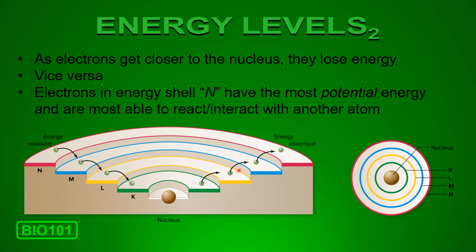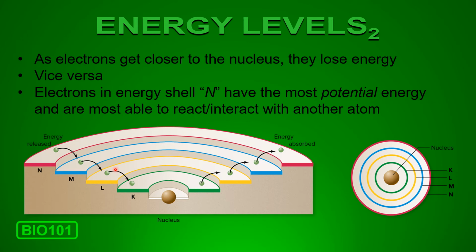And remember, electrons jump back and forth. So this little electron might go up, and then jump back, and then jump in, and then jump out. It's going to jump back and forth between these levels.